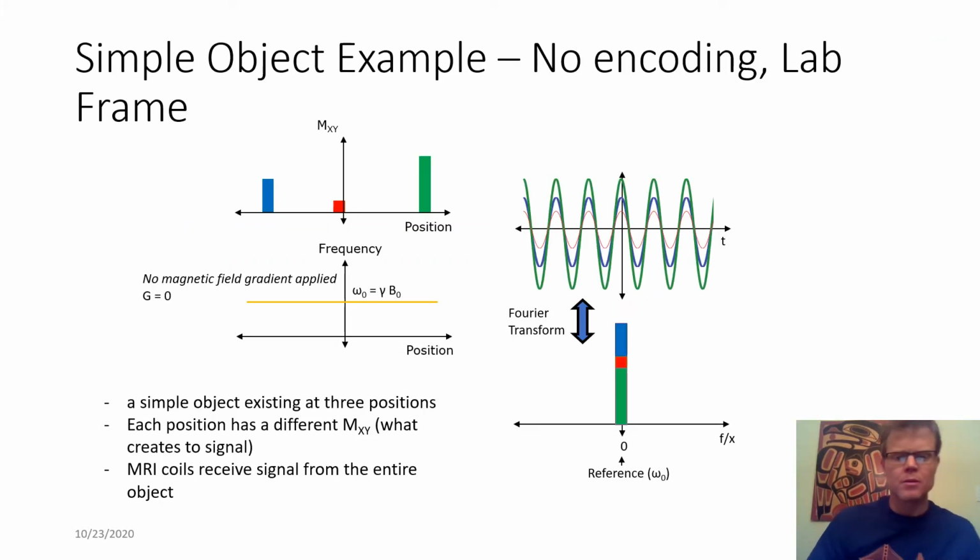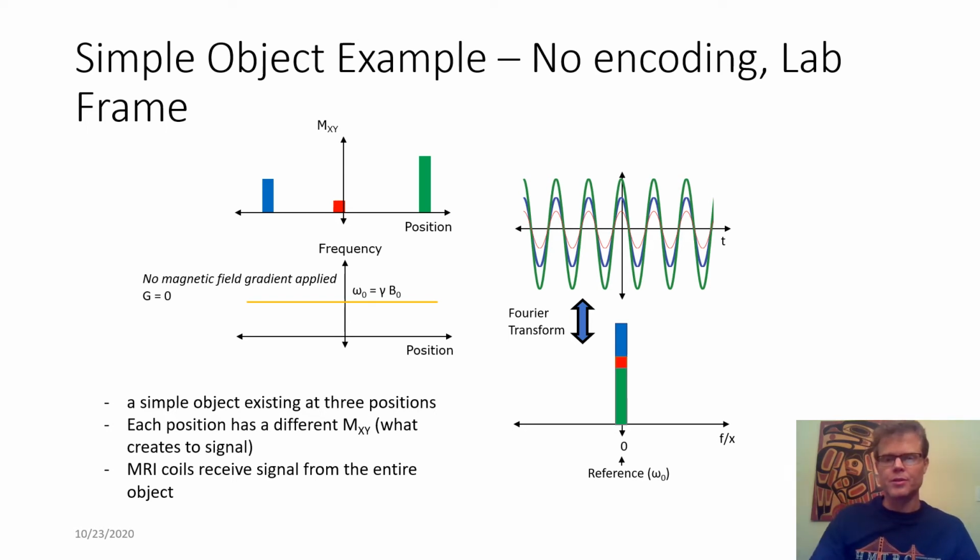And I'm going to go through this for this simple object example. It's also used in Chapter 9, discussion of the Fourier transform. So here's that simple object where we do no encoding, so we have no gradient turned on, looking at the lab frame, where this simple object at these three positions has different transverse magnetization at each position, and our MRI coils are receiving the signal from all of these different positions.